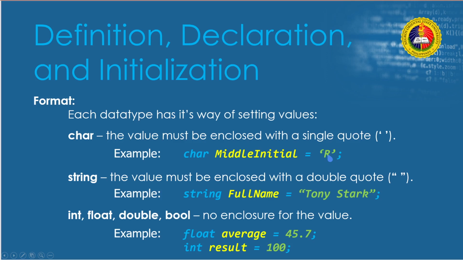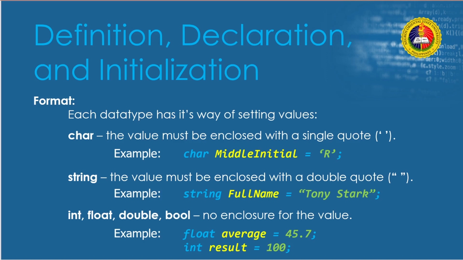So for char, if it's only one single character, how do we write the initialized value? Single quote only, sir. Okay, single quote. But if it's string, double quote. Take note of that. Double quote. So again, if it's just a character, it's one single quote.